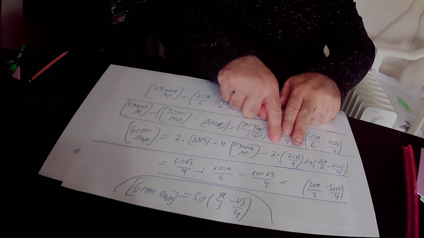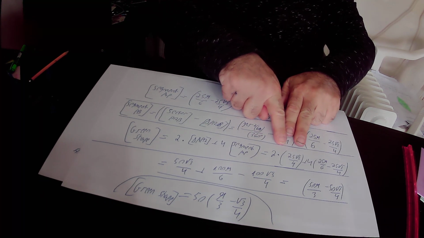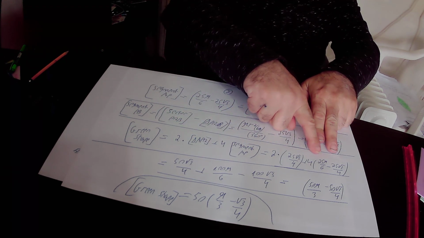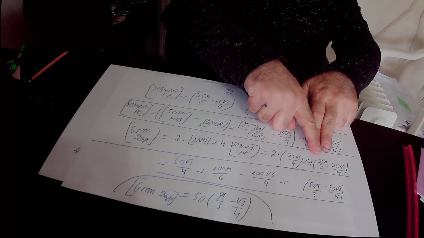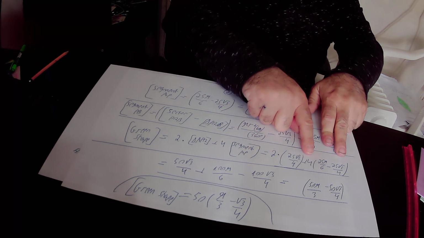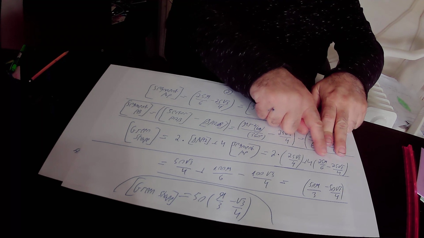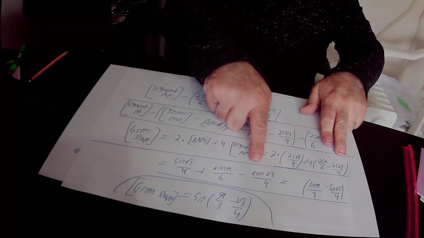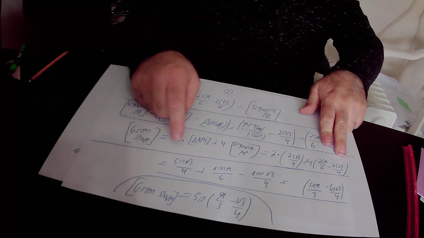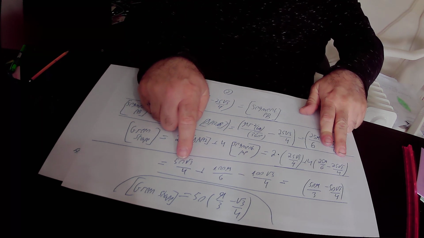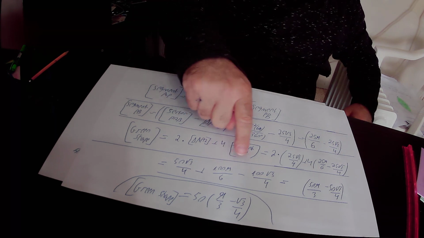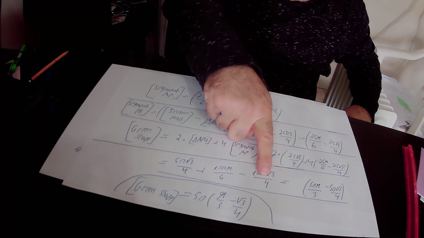Here, 2 times 25 is 50, and 4 times 25 is 100, so we have 100 pi over 6, and 2 times minus 25 is minus 100, so the area of the green shape equals 50 times root of 3 over 4 plus 100 pi over 6 minus 100 times root of 3 over 4.